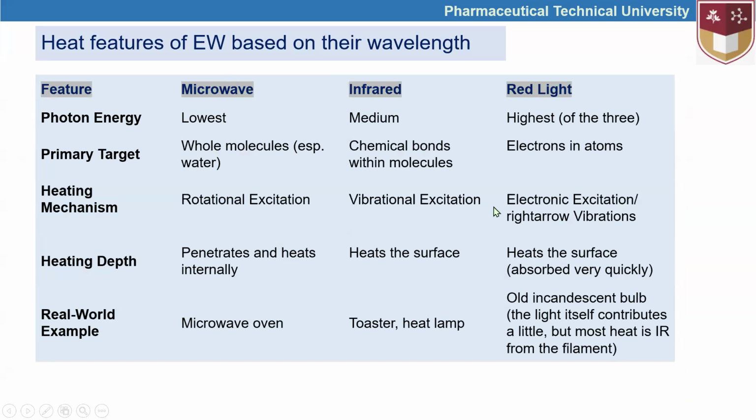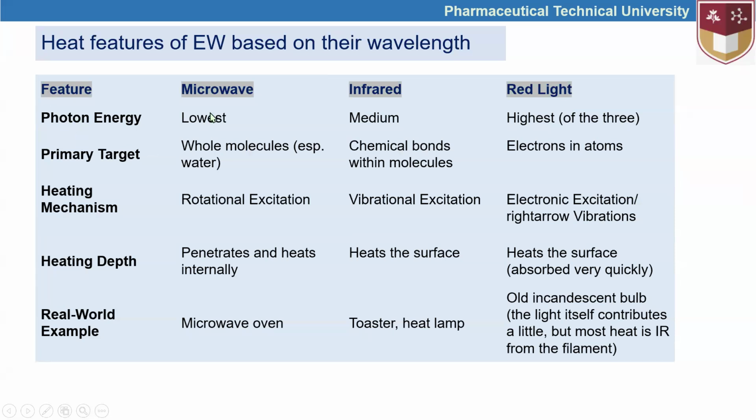Now we are going to understand why different electromagnetic waves have different heating features. This table is about heat features of electromagnetic waves based on their wavelength. Now we are going to compare microwaves, infrared, and red light.